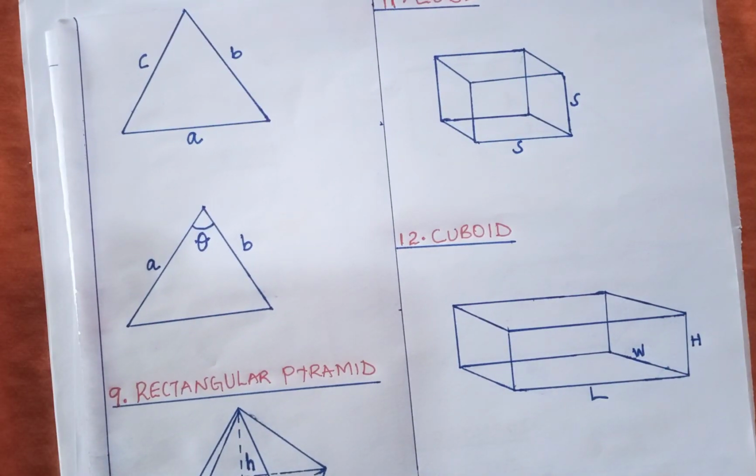Now that you have the measurement for the 3 sides, you are going to use a formula known as Hero's formula.